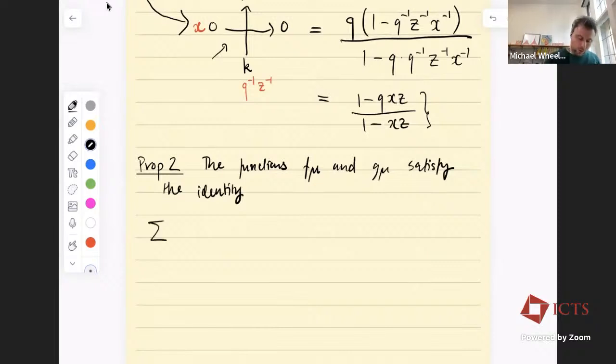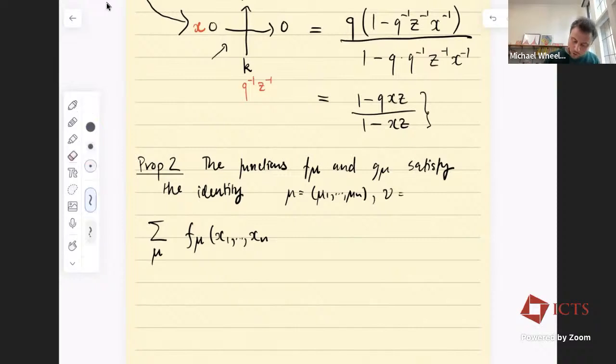So again, I sum over all strict compositions mu. I have f mu. So here, all of the compositions have length n, as usual. Well, actually, there is only one composition showing up.